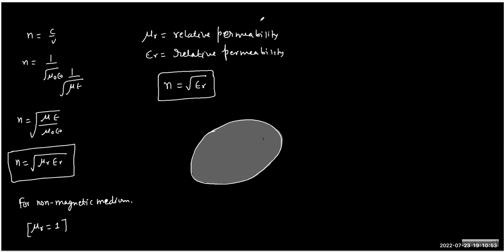So what we can write here as a takeaway, we must mention here that epsilon r, the dielectric constant of a medium, depends upon what? Upon the nature of the electric field.